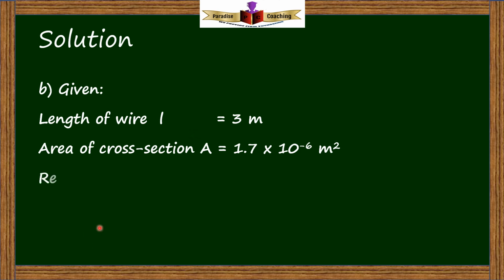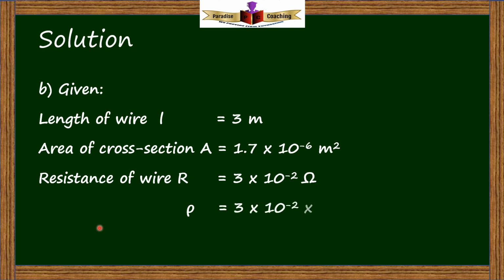And then we are also given the resistance of the wire, which is 3 into 10 raised to minus 2 ohms. And now we are required to determine the resistivity.